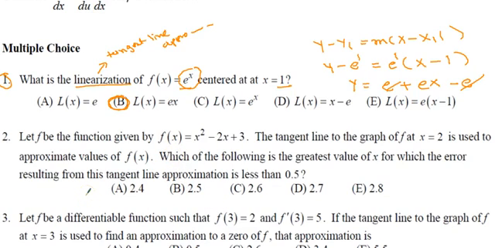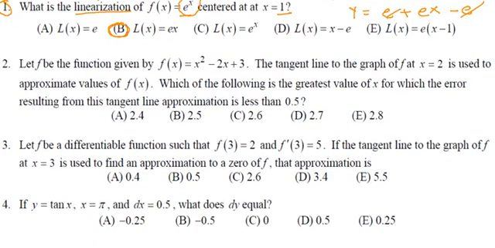Okay, number 2. The equation of tangent line is used. Based on this, you can see this is a calculator question. f of x is x squared minus 2x plus 3. The tangent line to the graph of f at x equal to 2 is used to approximate f of x. Which of the following is the greatest value of x for which the error is less than 0.5?